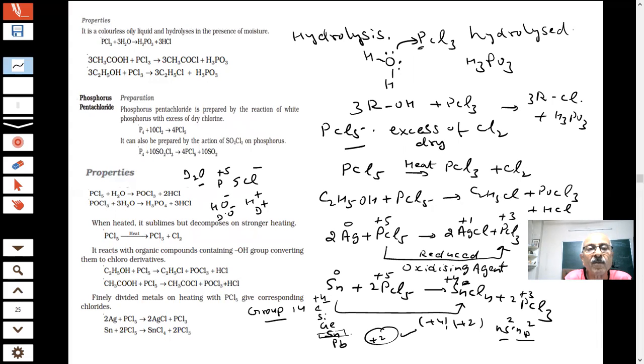Phosphorus goes with oxygen and 3Cl, and the D goes with Cl. So you get DCl and POCl3.